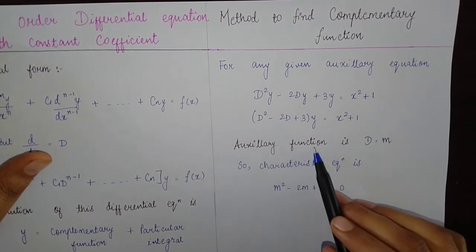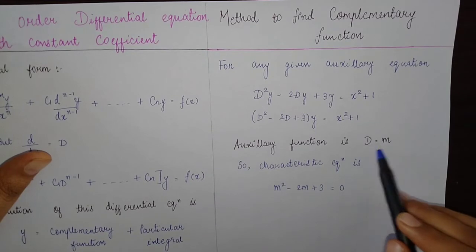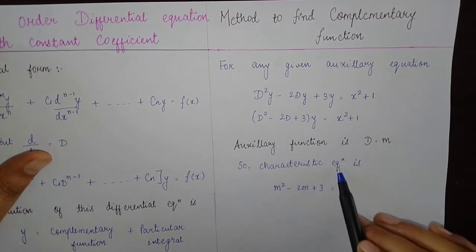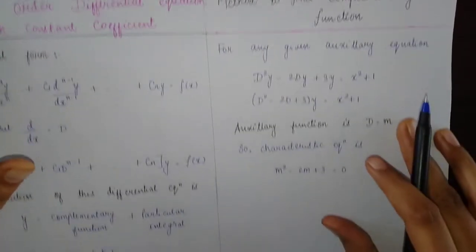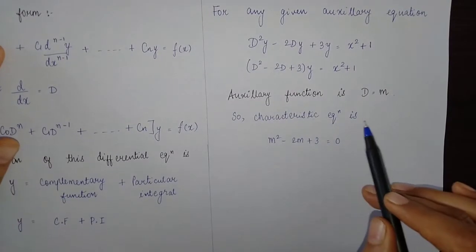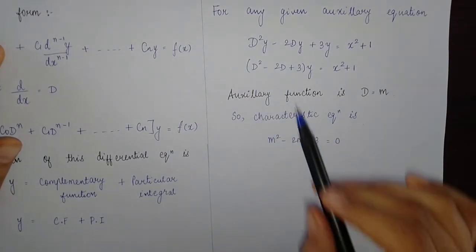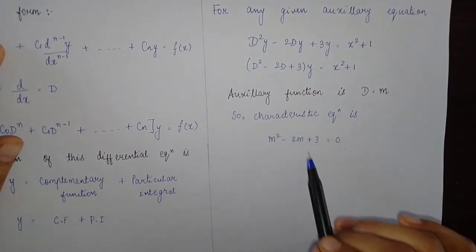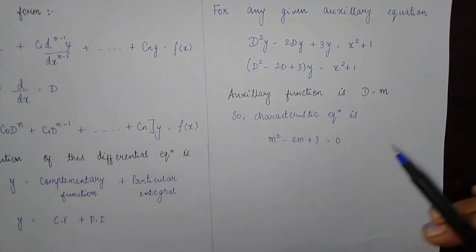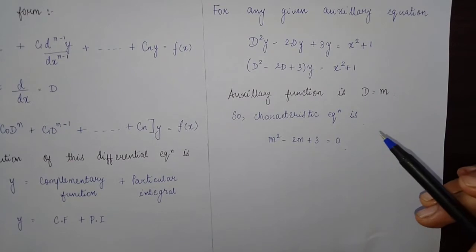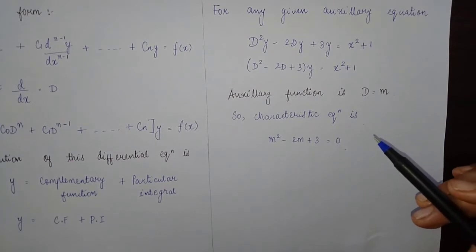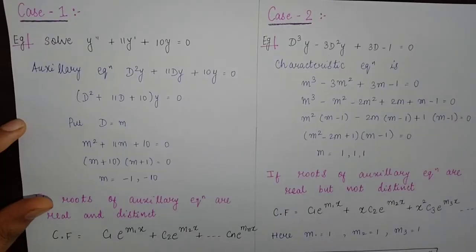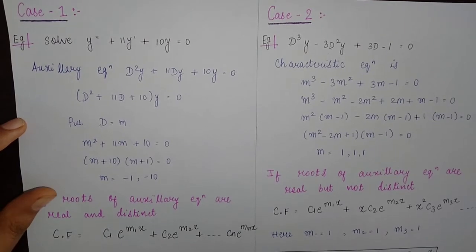Then substitute capital D equal to m, and you will get the characteristic equation. What will be the characteristic equation? m square minus 2m plus 3 equal to 0. After solving this, you will get the roots, and based on those roots you can find the complementary function. There are different cases for finding complementary functions.